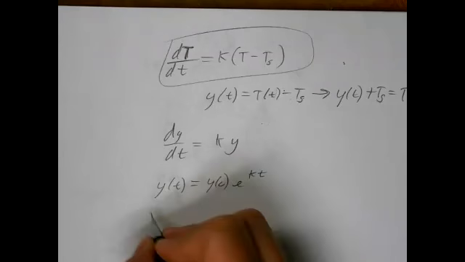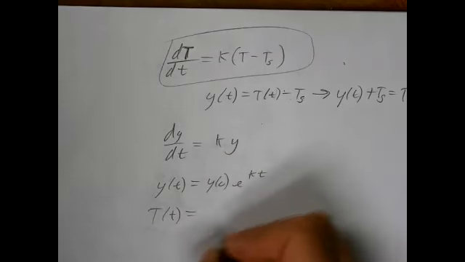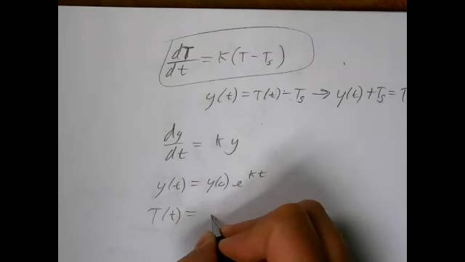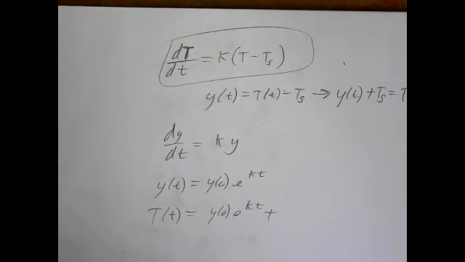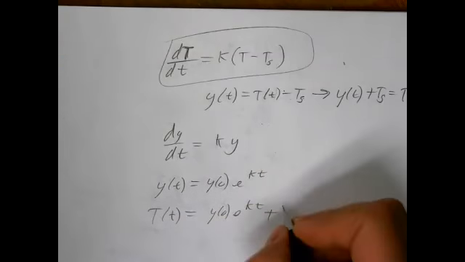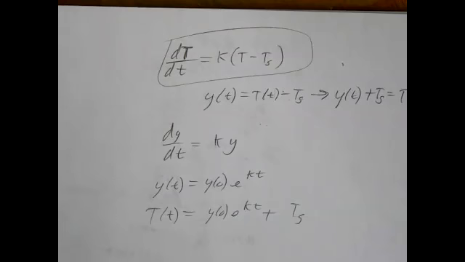So the next logical step: initial difference in temperature times e to the kt plus the temperature of the surroundings gives a function that will work for temperature at any time.